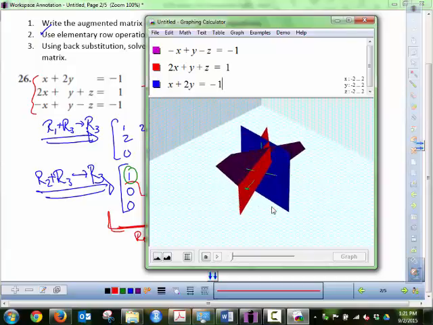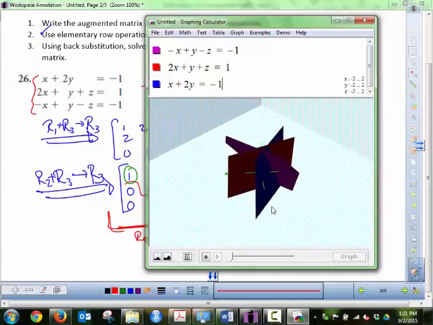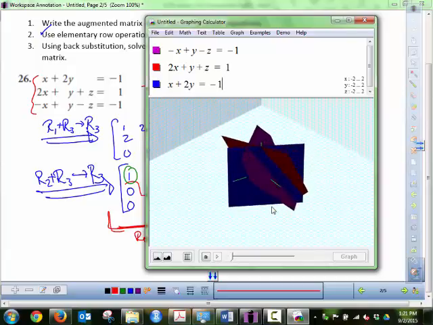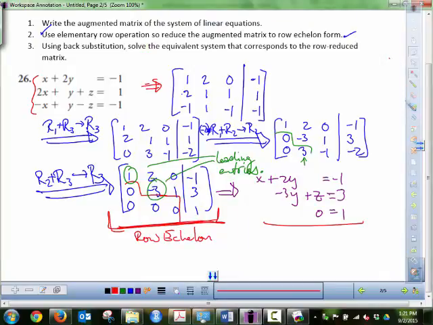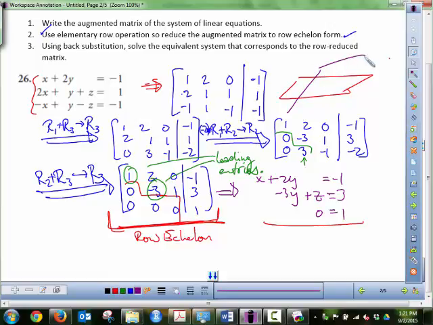Can you guys see? Is it too dark? So it's one of those cases where, let's see if we could draw it. So there's one plane, and here's the other plane. So if it was just two of them, they would be intersecting at a line somewhere.